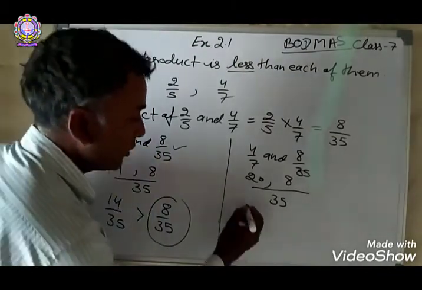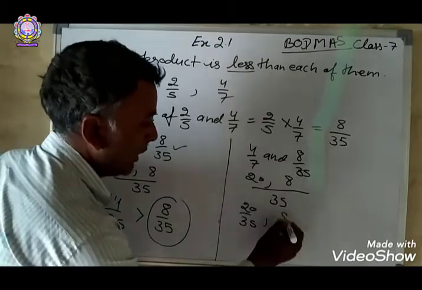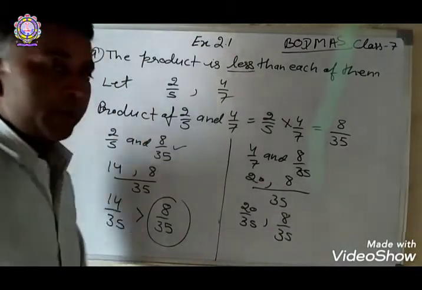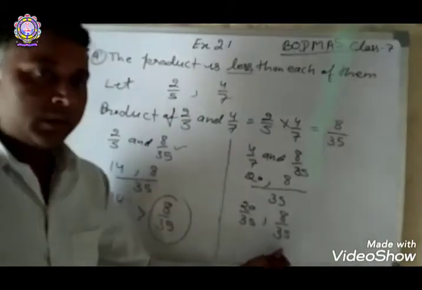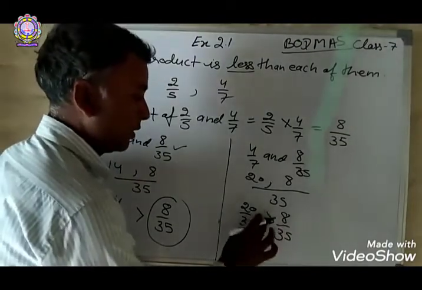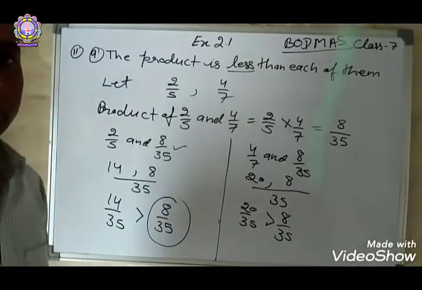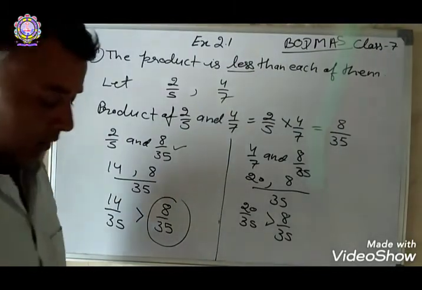Now separate them: 20 upon 35, comma, 8 upon 35. So you see 8 upon 35 is less than 20 upon 35. So now it is proved, the first condition. Is it clear? Okay.